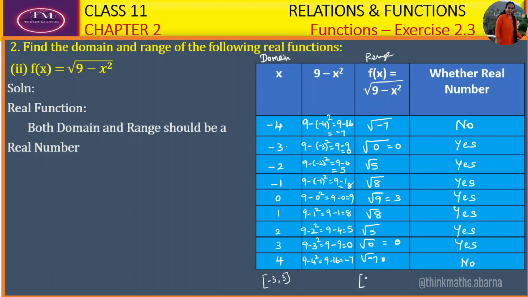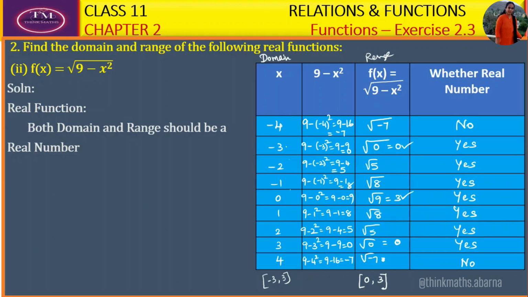The maximum value will not move on; it stops at 3. I'm sorry, 0 is the minimum value and 3 is the maximum value. So it takes the values from 0 to 3.